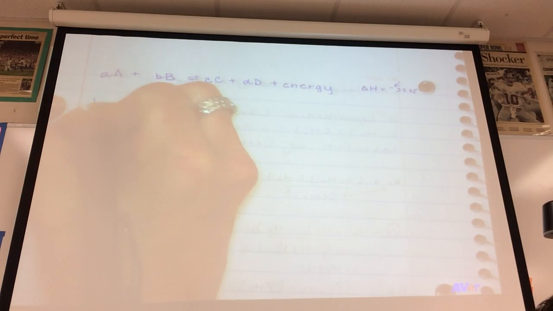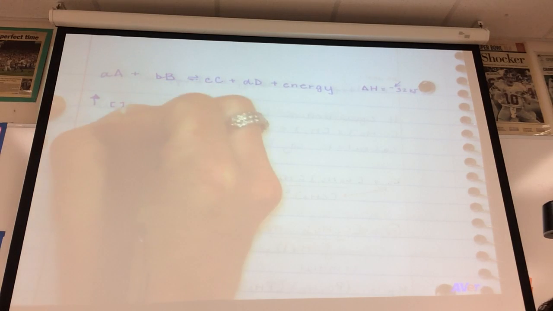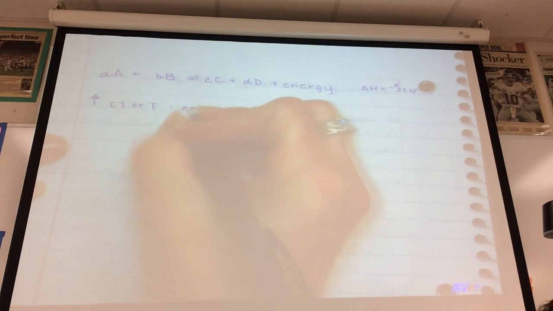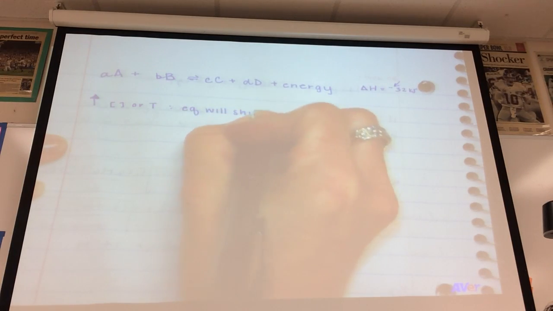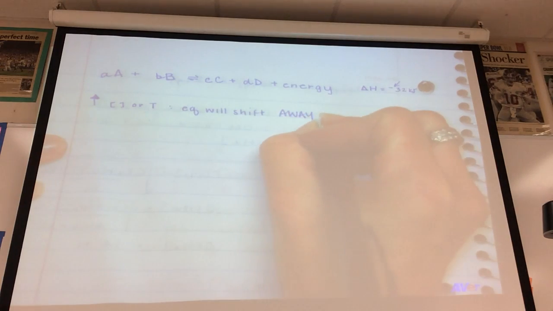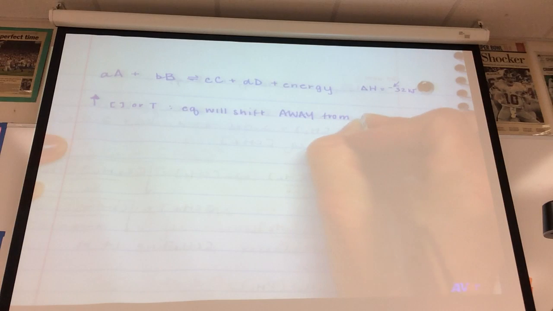Whenever you increase concentration or temperature, equilibrium will shift away from that entity.